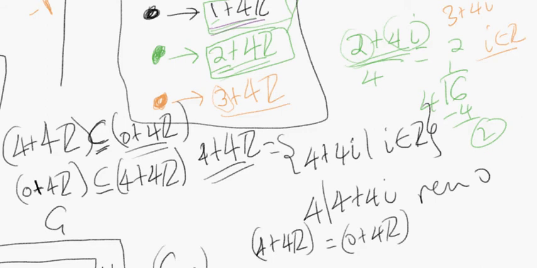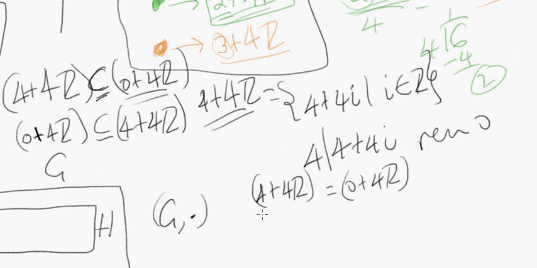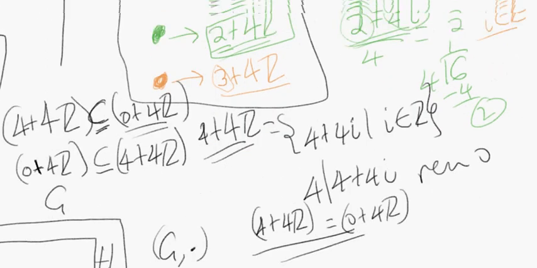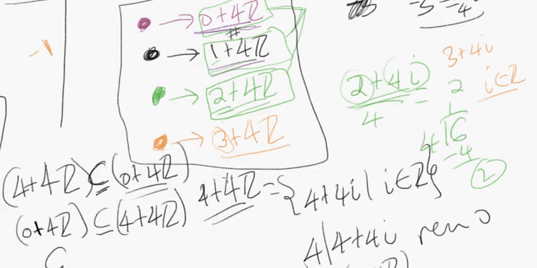In which case, the coset 4 plus 4Z is unnecessary. The elements in 0 plus 4Z are also the elements in 4 plus 4Z, so the 4 plus 4Z coset is kind of redundant.